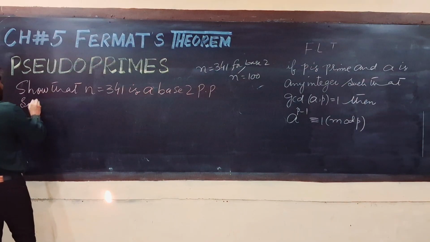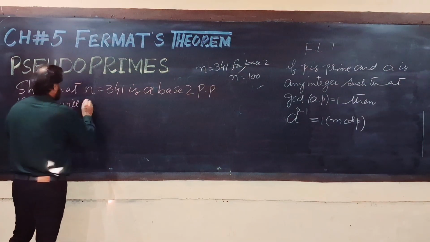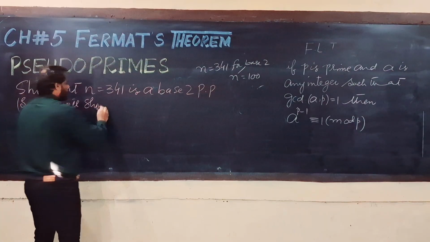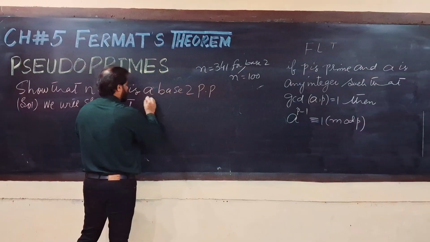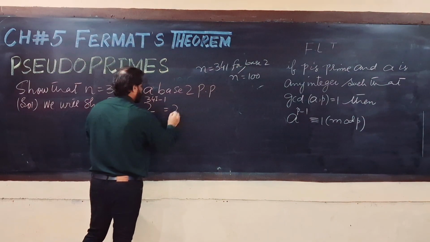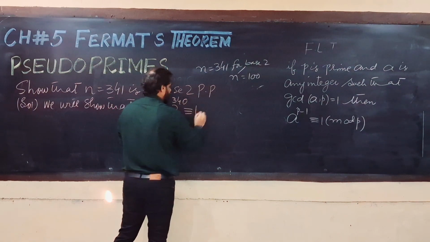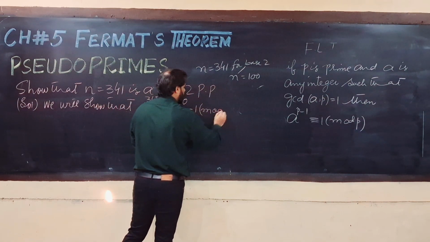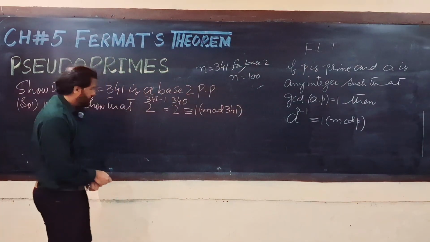We will show that 2 raised to power 341 minus 1, which is equal to 2 raised to power 340, should be congruent to 1 modulo 341. This is our target to show.